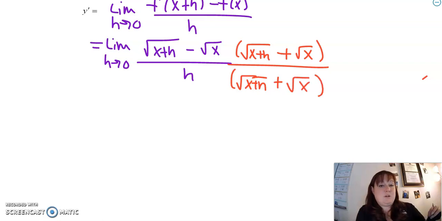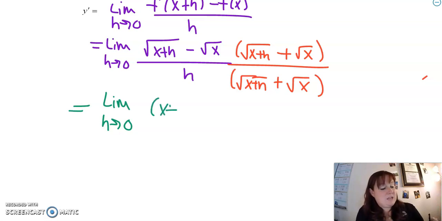And that's going to get rid of those square roots on the top. So on the top, we end up with the limit as h approaches 0. See, we haven't evaluated the limit, so we have to keep reminding ourselves that we're still doing the limit, so you have to keep the limit notation there.